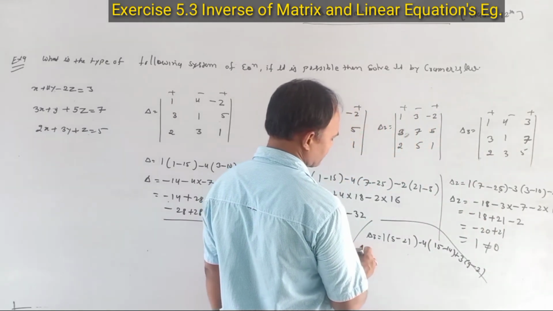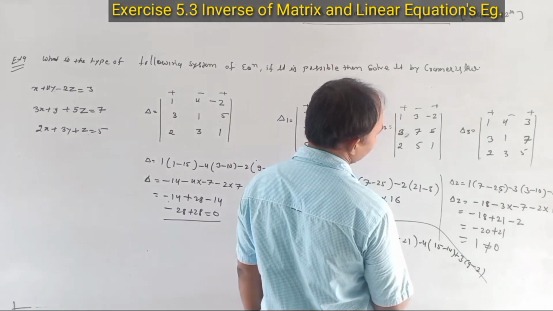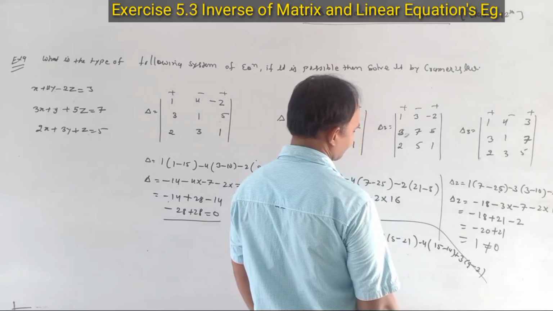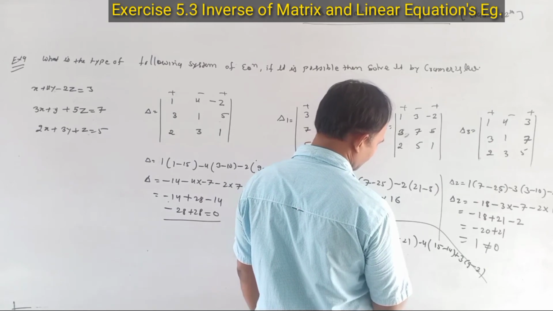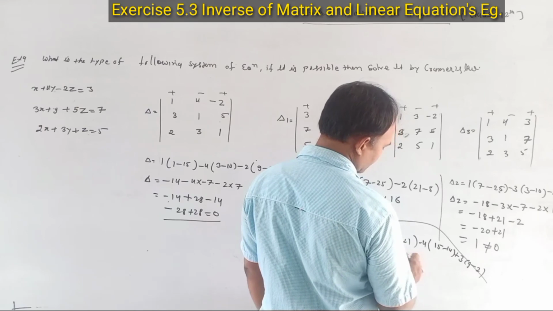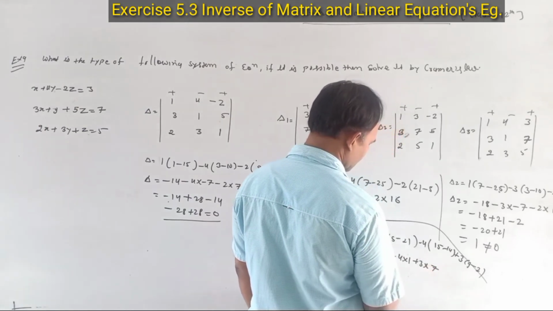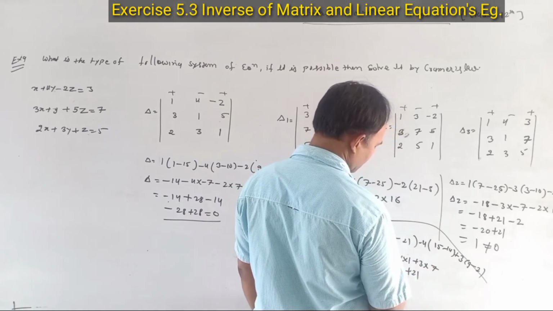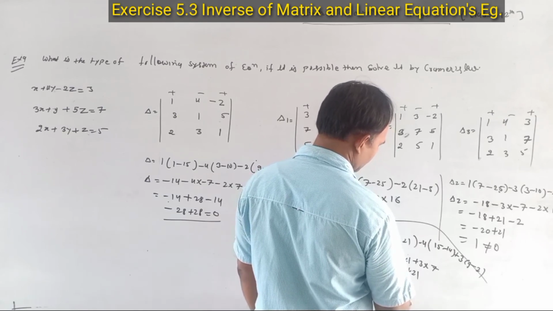Okay, so delta 3 equals 5 minus 21, so 16 minus 16, and minus 4, and it is 1 plus 3 into 7, so minus 16 minus 4 plus 21, so it is minus 20 plus 21, so it is 1, not equal to 0.